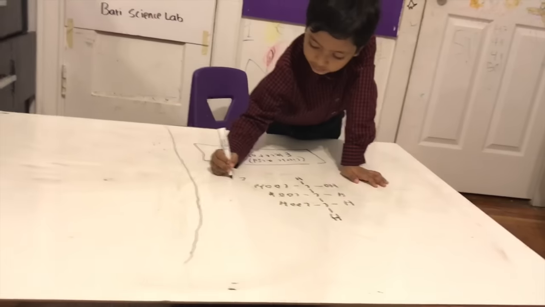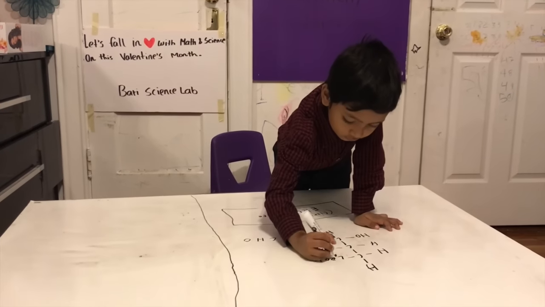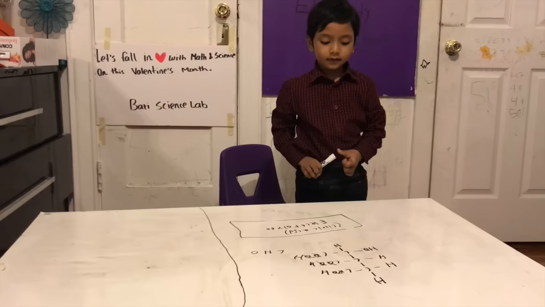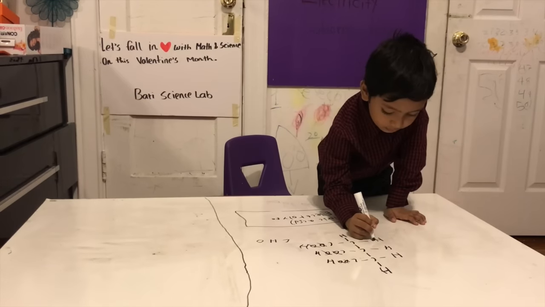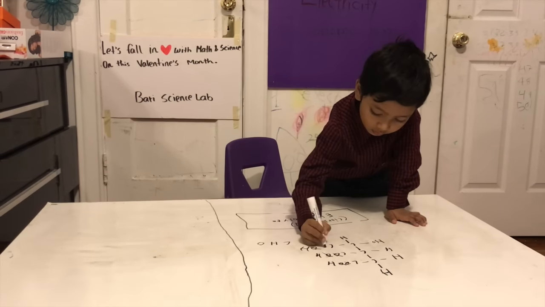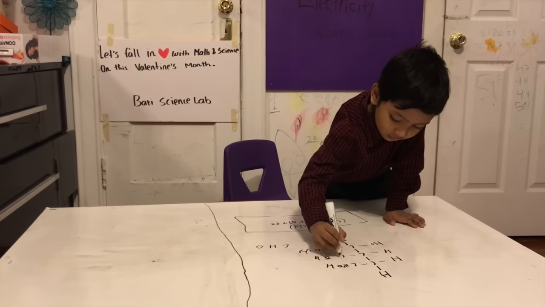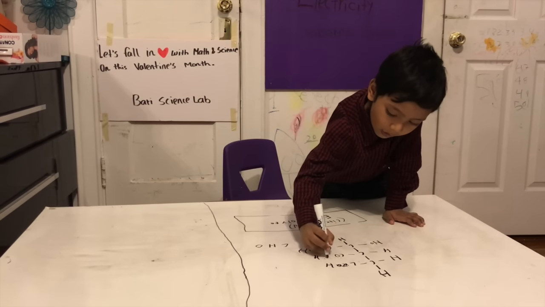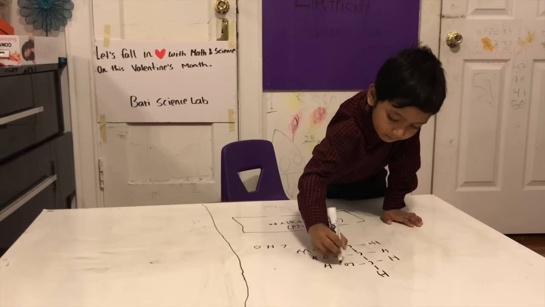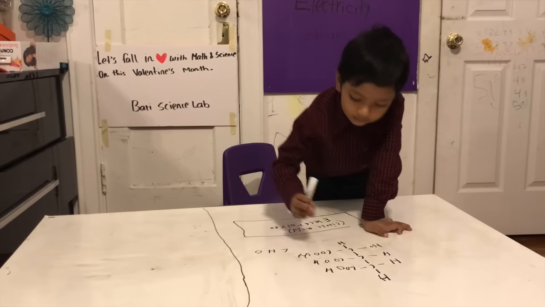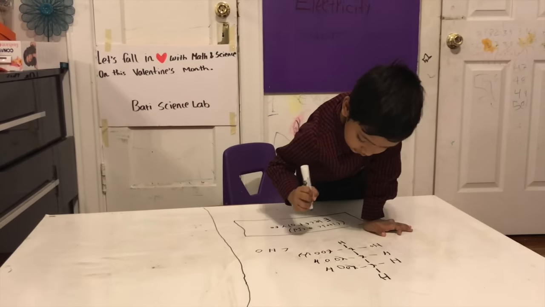Now C6H8O7. We start with the O first. 1, 2, 3, 4, 5. I'm gonna write it again. So now the carbon. 1, 2, 3, 4, 5, 6.